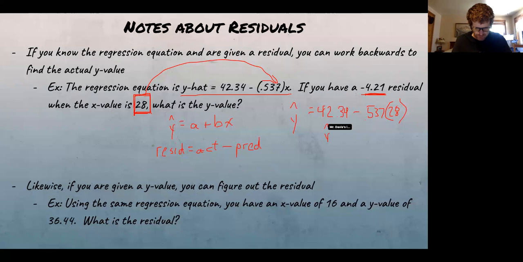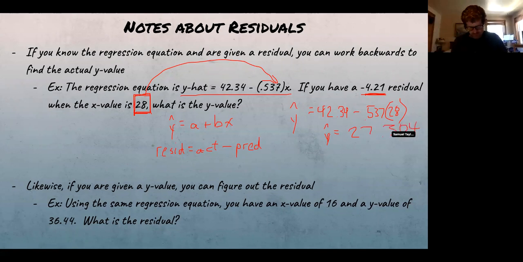All right. And someone else can go ahead and plug the number in on the screen. Perfect. 27.304. So now if we have a 4.21 negative residual, what is the actual y value?